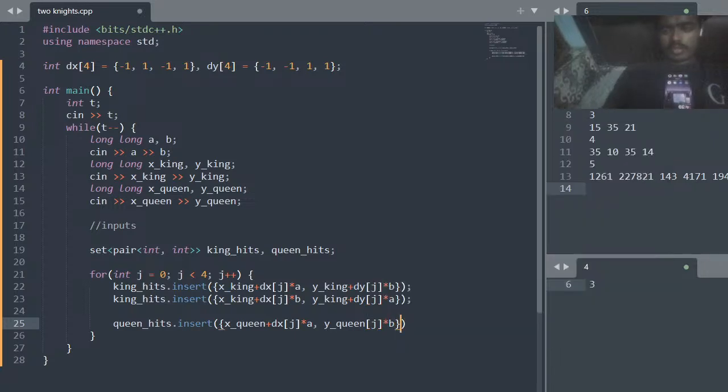Into b, right? Then like to copy b into b.